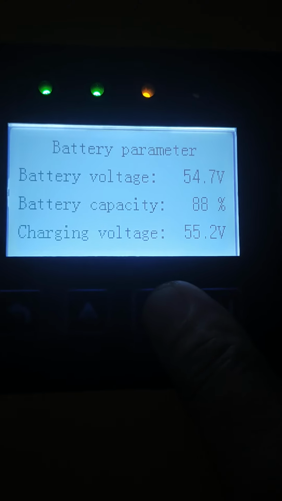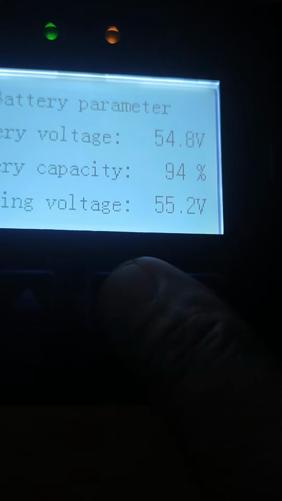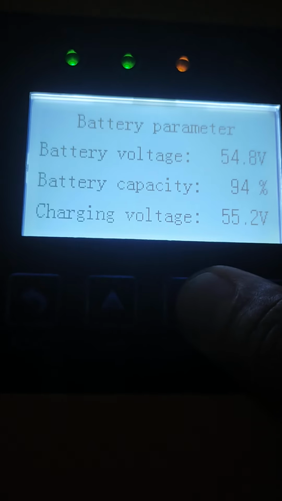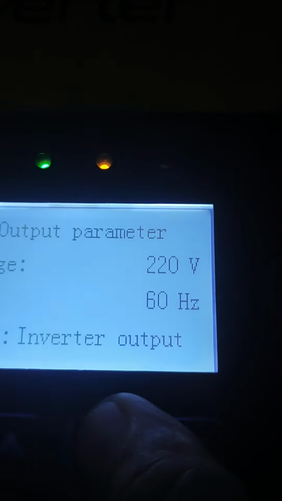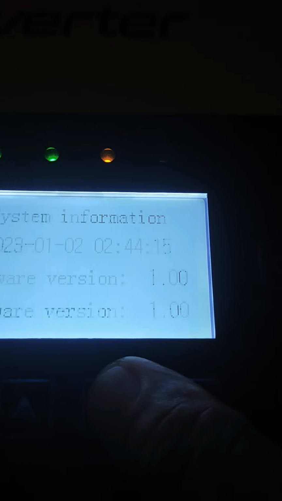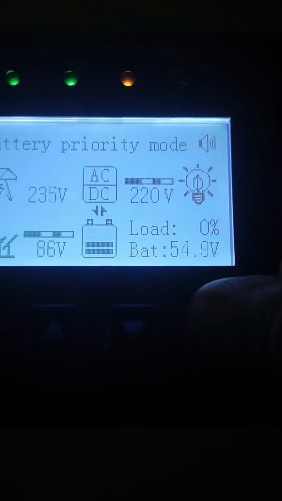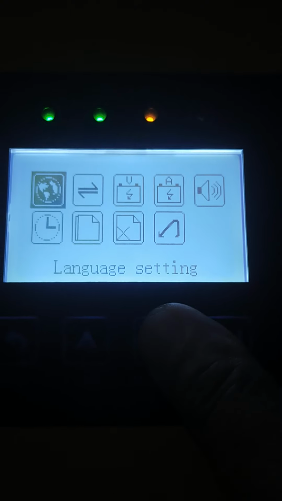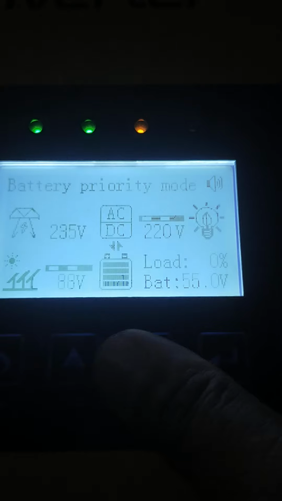Okay, and battery is 54. That is battery voltage, battery capacity. Output is 220. Okay, system information. Now, parameters like low voltage cutoff, low voltage protection.